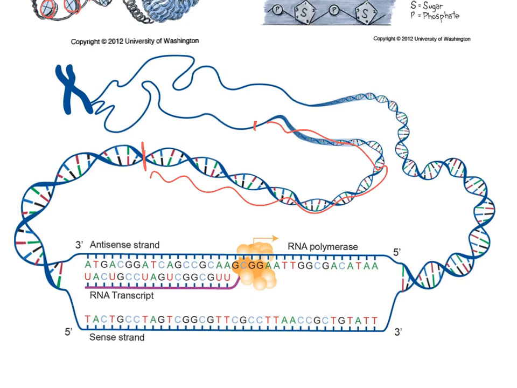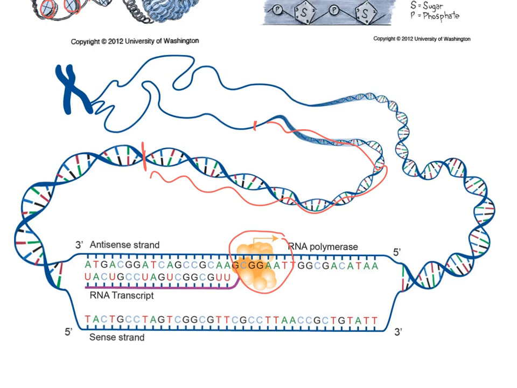And in order for that protein to be produced, our DNA has to separate, and there's an enzyme called RNA polymerase that opens the DNA, and then it reads one of the strands of that nucleic acid and it copies it into a single-stranded piece of RNA. This is what we call the RNA transcript.